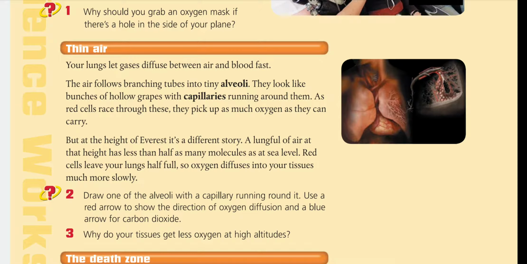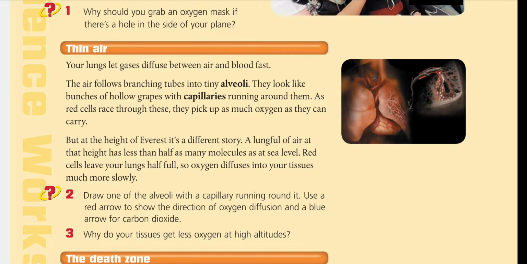But he said that when you move to a very high place, for example Mount Everest, at very high altitude, the amount of oxygen available is not sufficient, and this makes the red blood cells leaving the lung be only half filled.